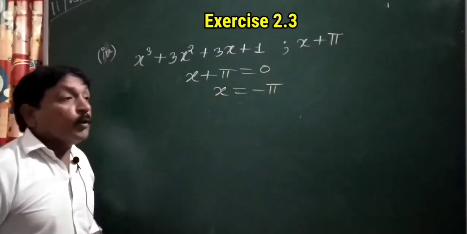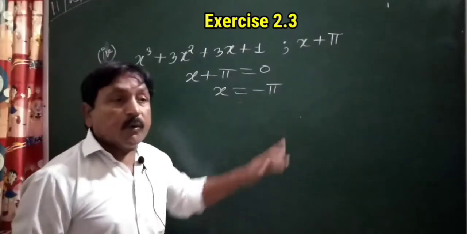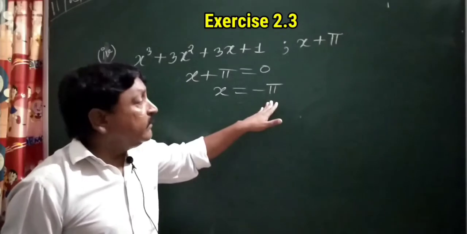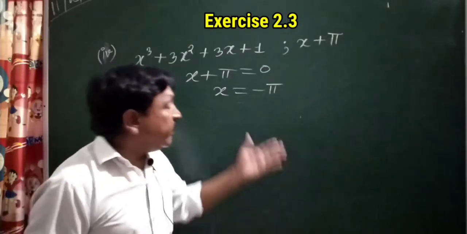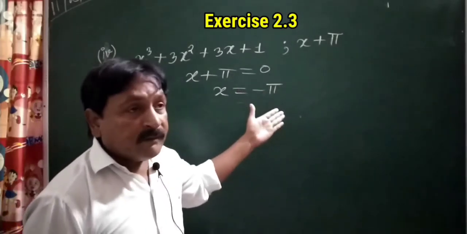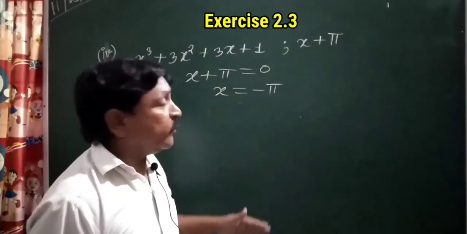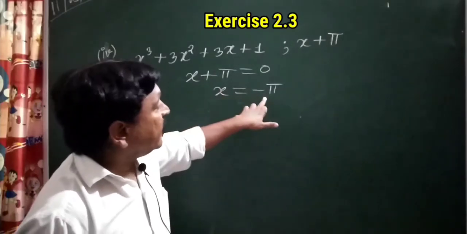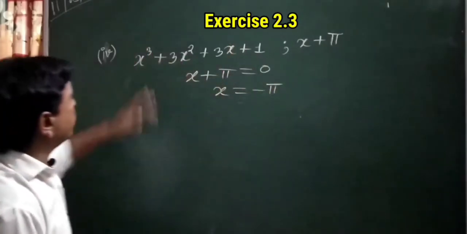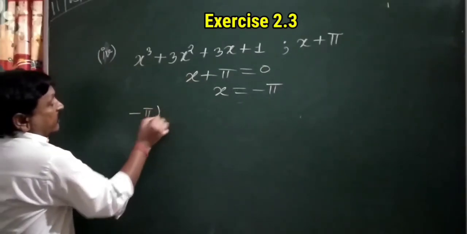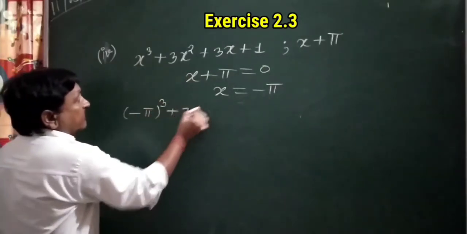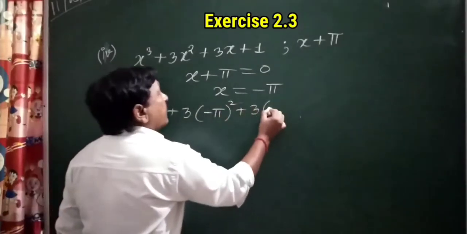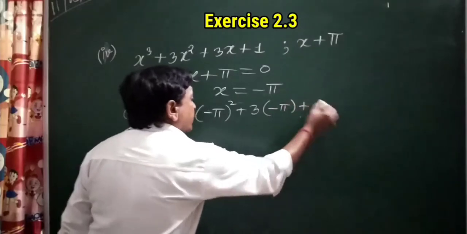In this question no value of pi is given, so no need of substituting it. What does substituting it mean? We know that we put pi equals 22 upon 7 or 3.14, but in this question there is no need of substituting that value. You have to substitute directly minus pi in place of x. Minus pi cube plus 3 into minus pi square plus 3 into minus pi plus 1.